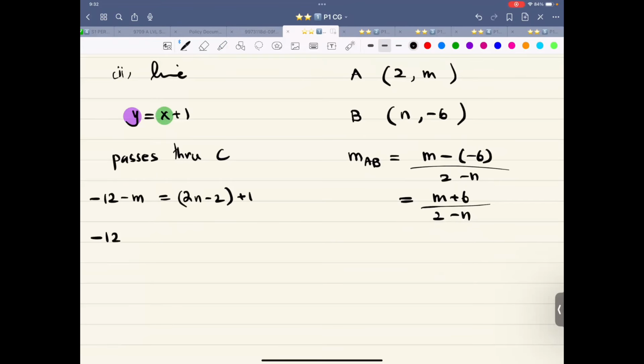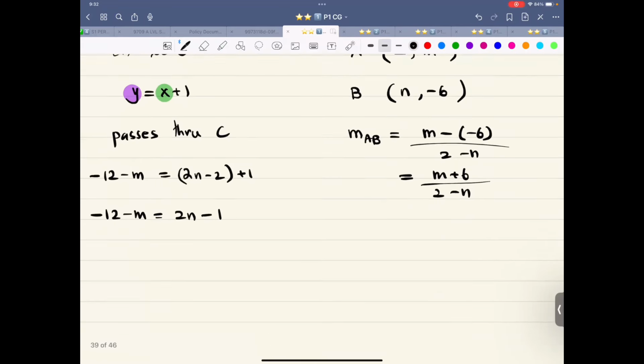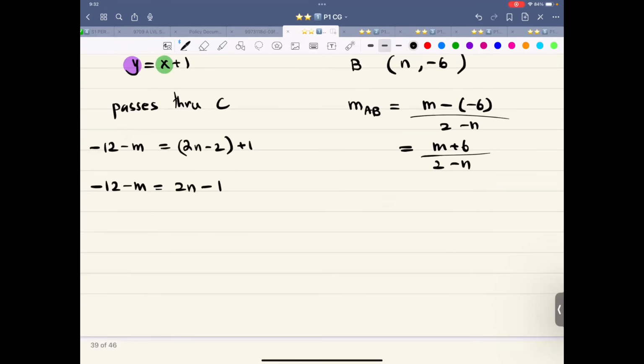Simplify it: negative 12 minus m is 2n minus 1. Make something the subject, the constants: negative 12 plus 1 is 2n plus m. Therefore, 2n plus m is negative 11. That is equation number 1.